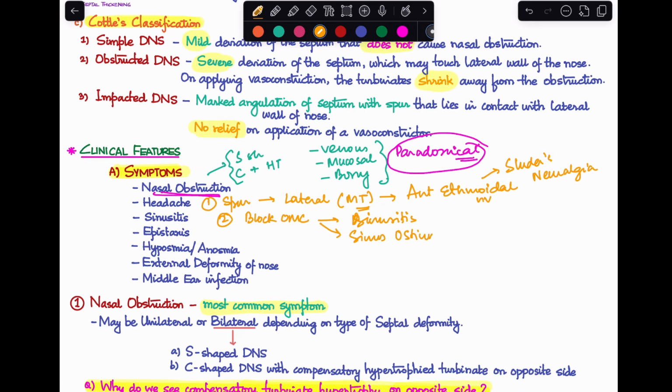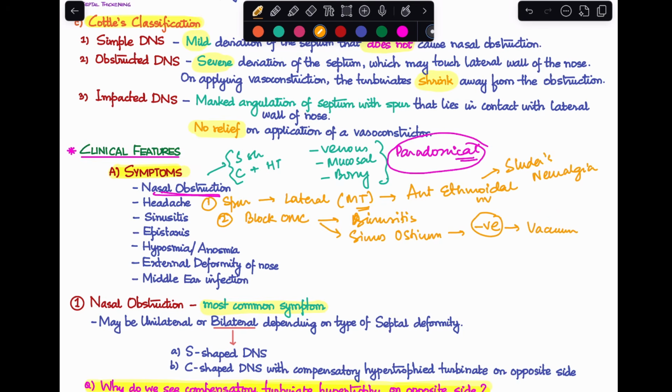Because the sinus ostium gets blocked, it leads to the development of negative pressure inside the sinus. So you feel a vacuum-like feeling inside the sinus, and this leads to something known as vacuum headache. So these are the three ways that a case of DNS can end up causing headache in the patient.